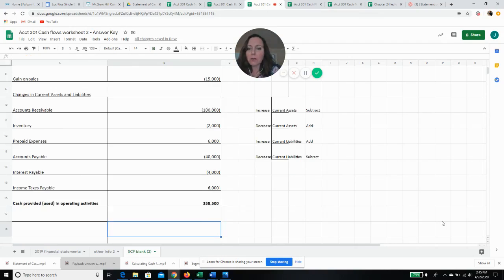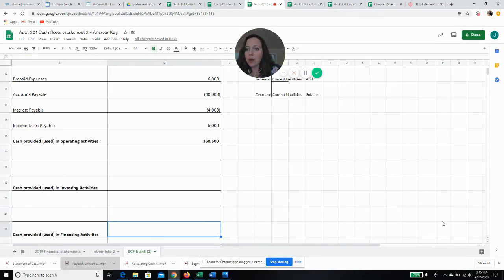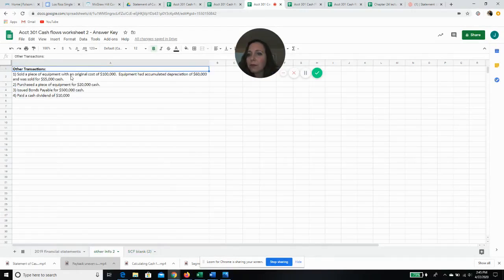All right, so now let's travel down to our cash flows from investing activities. For that, I'm going to have to go to my other info. The first thing I find out is I sold a piece of equipment with an original cost of $100,000. Equipment has accumulated depreciation of $60,000 and was sold for $55,000 cash.